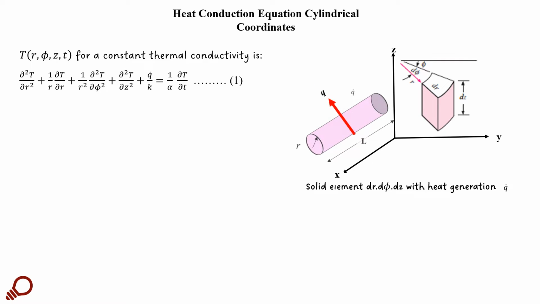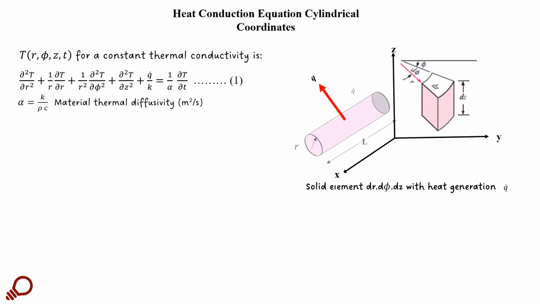The three-dimensional form of heat transfer by conduction in cylindrical coordinates is represented by equation number 1: partial squared T with respect to r squared, plus 1 divided by r partial T with respect to r, plus 1 over r squared, and so on until we approach the right-hand side, which represents the rate of change of energy inside that wall.